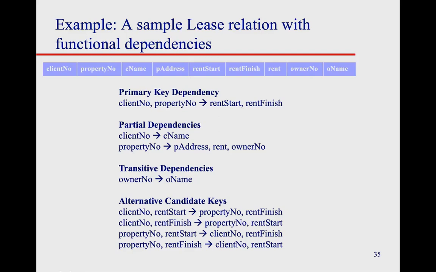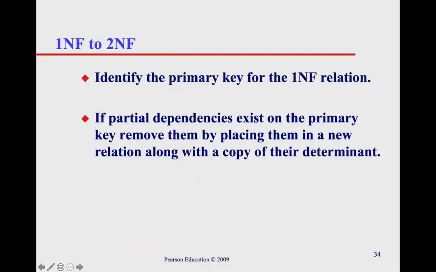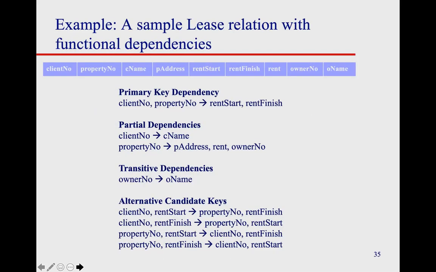And finally, there are a number of alternative candidate keys. Since we're assuming the client can only lease one property at a time, the client and when the lease starts determines the property and when the lease finishes.